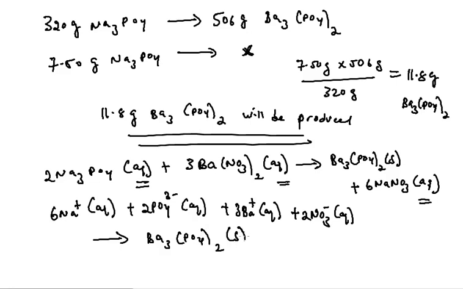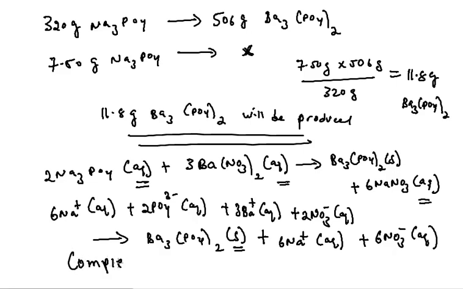We're not going to dissociate this because it's a solid, it is a precipitation reaction, and the sodium nitrate will be dissociated into sodium ion and nitrate ion. Now when we write equations like this, we call it a complete ionic equation.